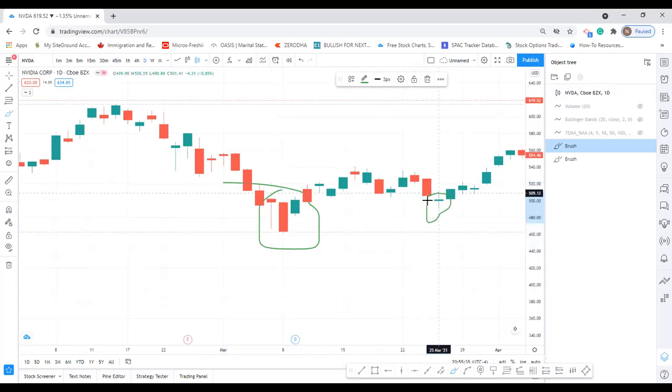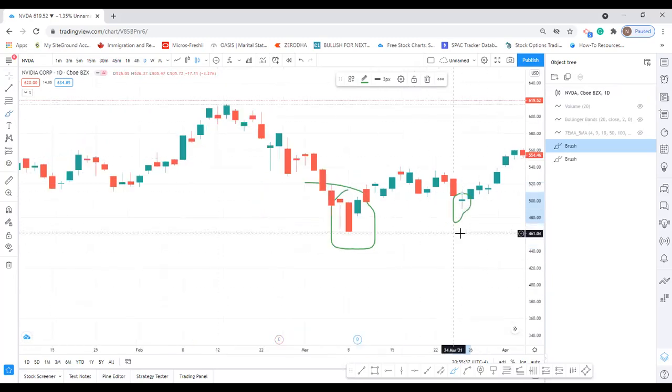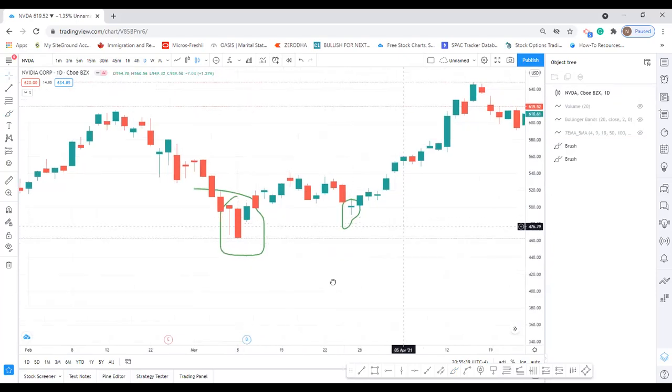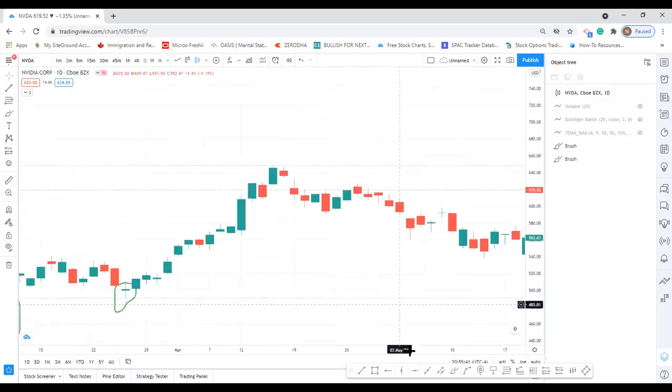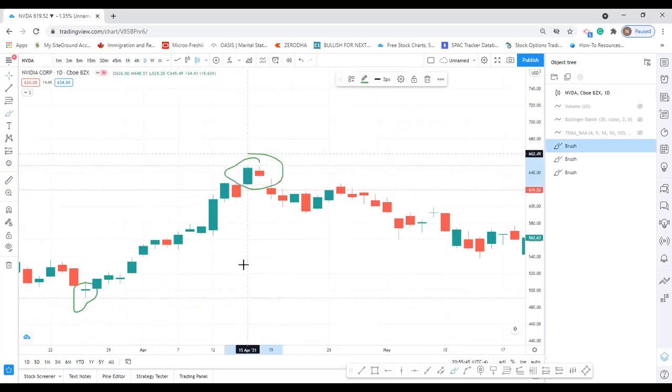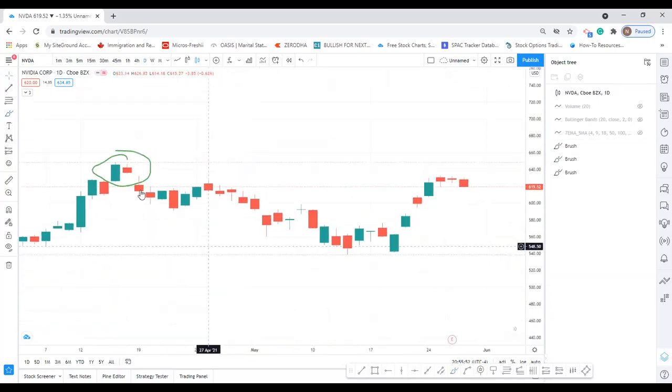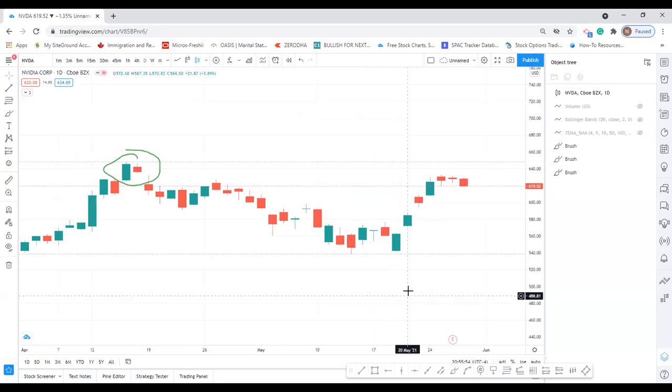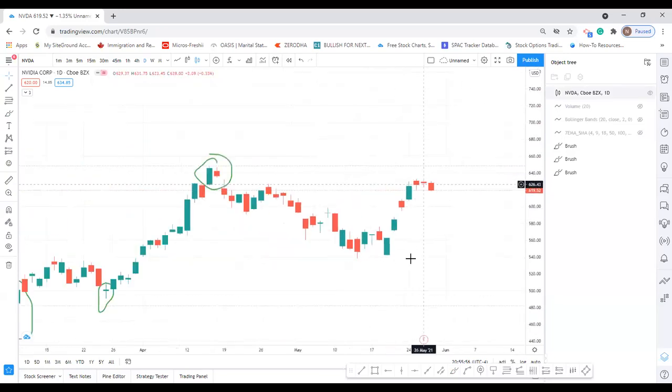This is like a doji. And after this one, because it was taking a support, the price went up. Here, this is more of a bearish harami kind of candle it created, and then after that the price went down, and then price going up here.